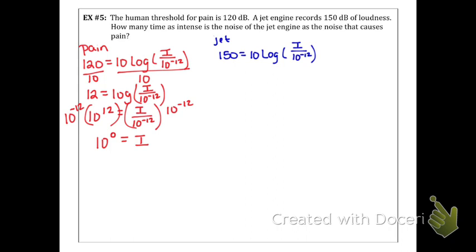Let's do the same thing for the jet engine. So let's get the log by itself. Change it to exponential, so b to the y equals our x.